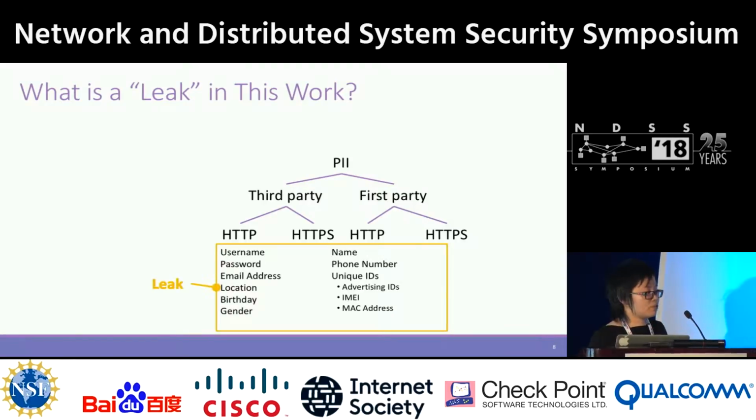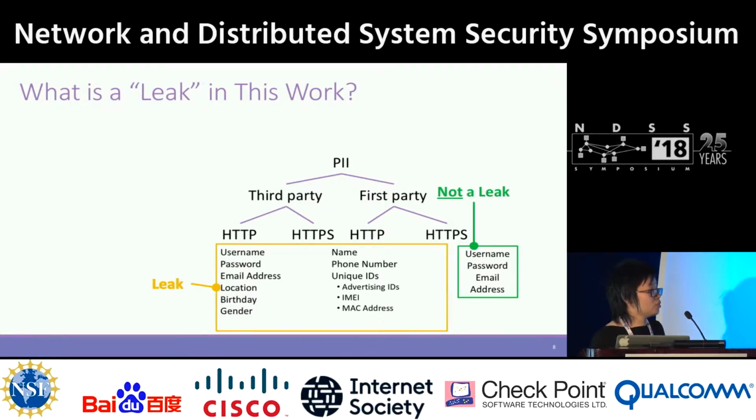And this covers a wide range of information. However, we acknowledge that some information sharing is necessary for functionality. So we explicitly excluded the case when credentials are sent to first parties through an encrypted channel.